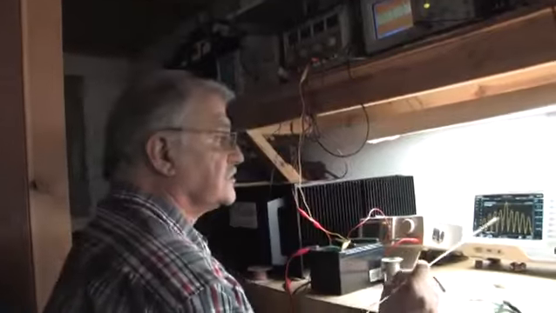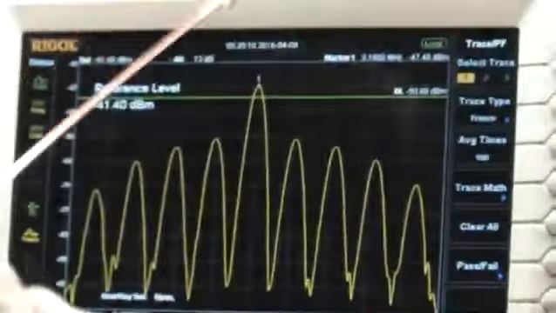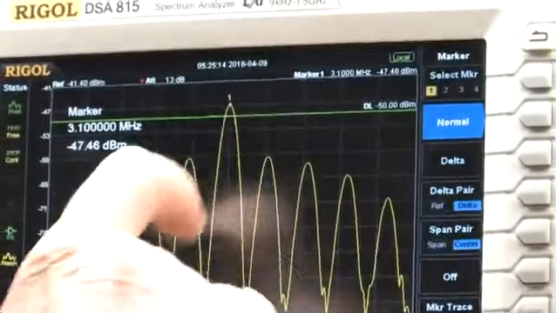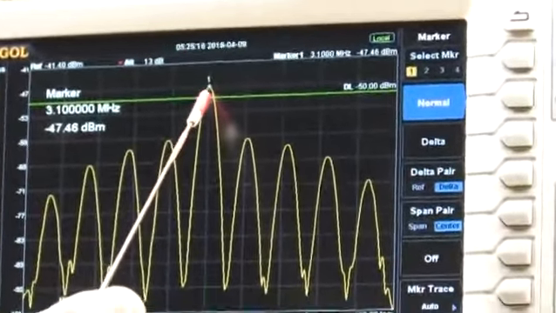Now, let's go down here to this spectrum analyzer because I froze the screen here so that you could see what it's generating. And if I mark it, it's going to tell me right where this marker is. Can you see that there, Tony? Okay.